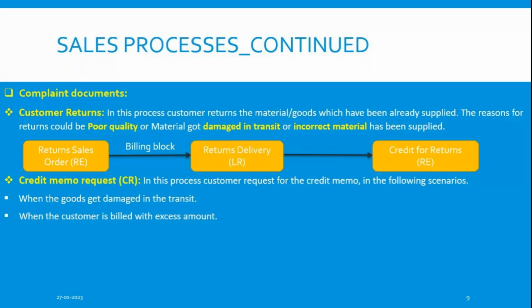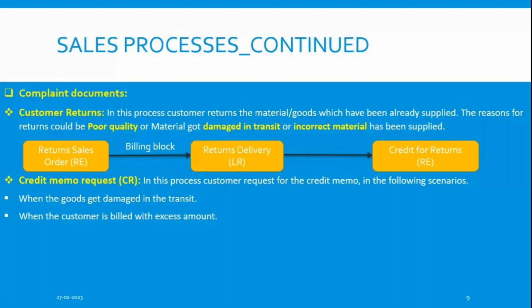This is a situation where the credit memo request is raised. And one more situation: if the order is 10, the invoice is also for 10, but delivery happened only for 8. So for the 2 units, the customer says, give me a credit memo for that.